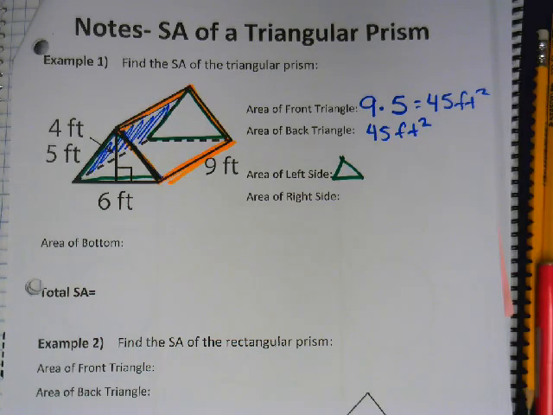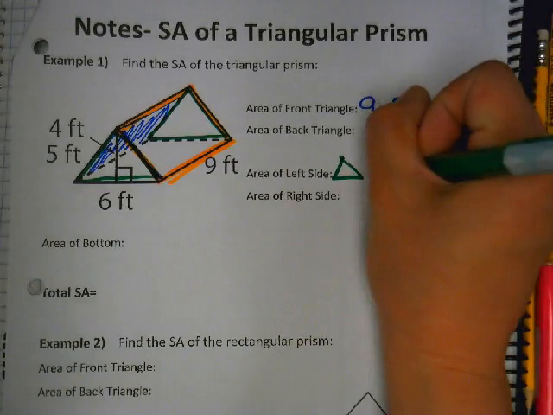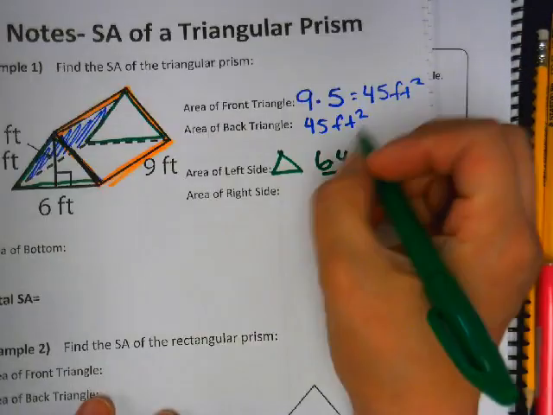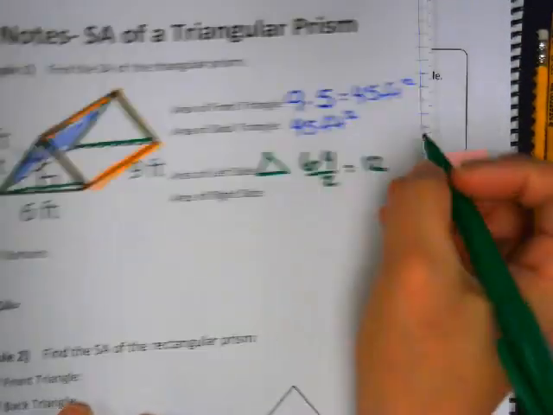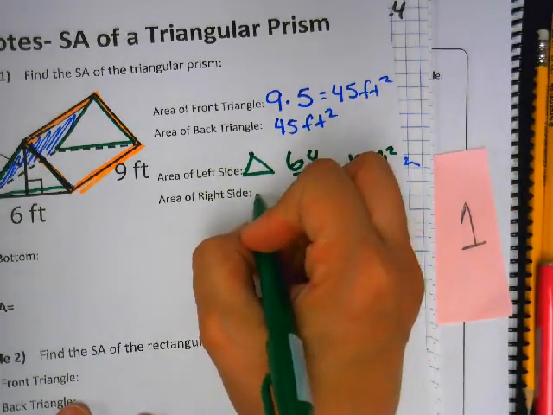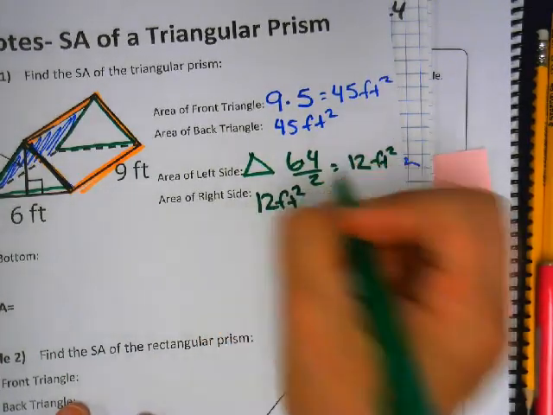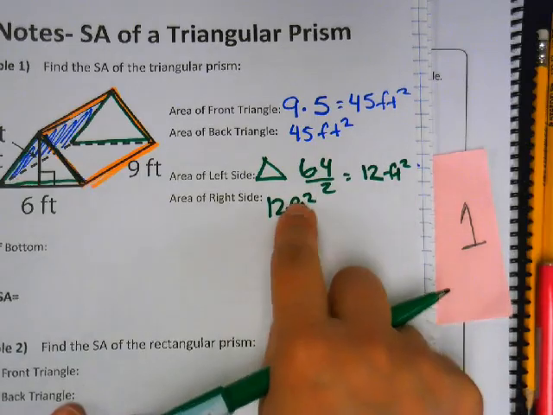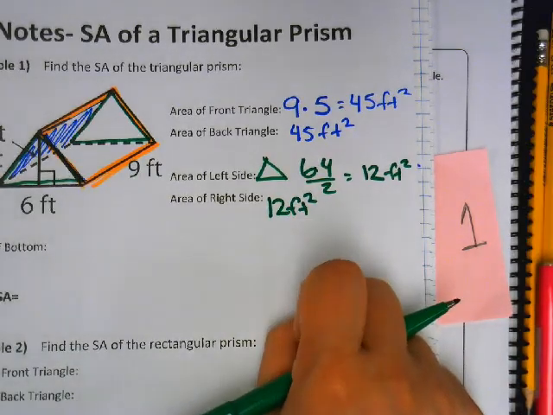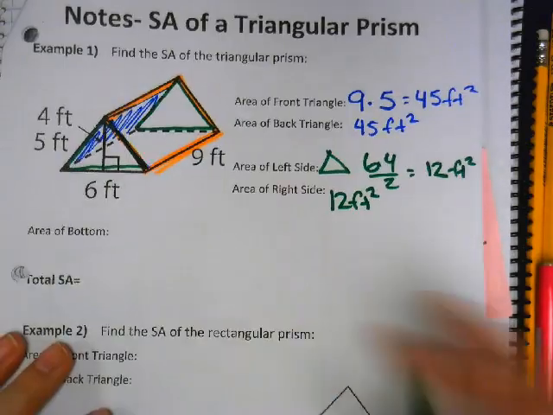Okay, so we're going to do 6 times 4 divided by 2. 6 times 4 divided by 2 is 12 feet squared. So this is also 12 feet squared. Okay, now the last one is the bottom.